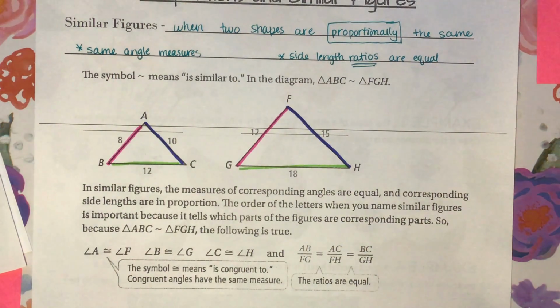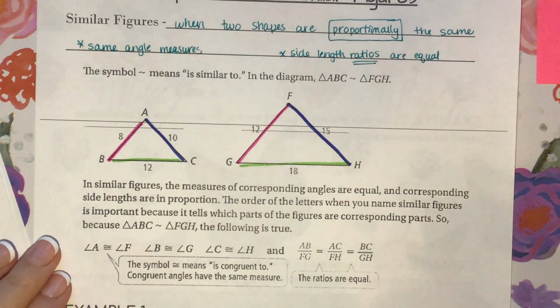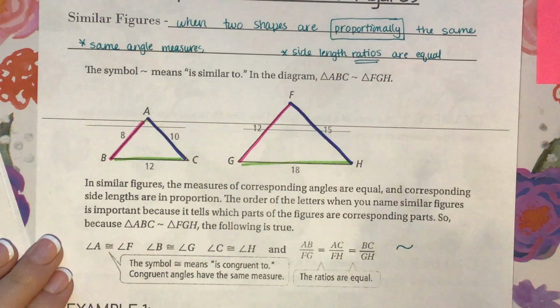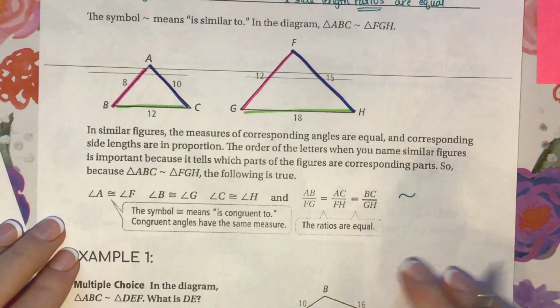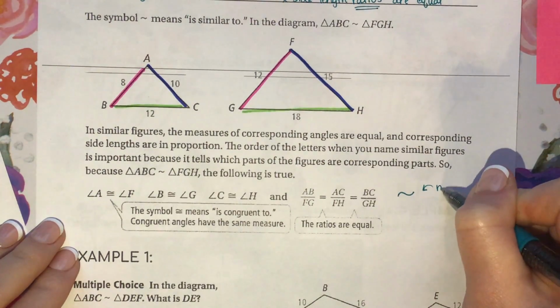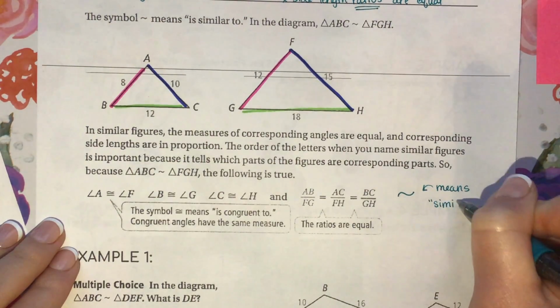Okay, so when we have two shapes that are proportionally similar, we say that they are in fact similar. And a symbol for similar is one line with a little squiggle like this. So this line right here, I'll put a little arrow, that means similar.